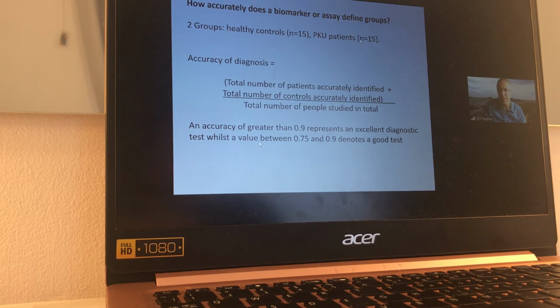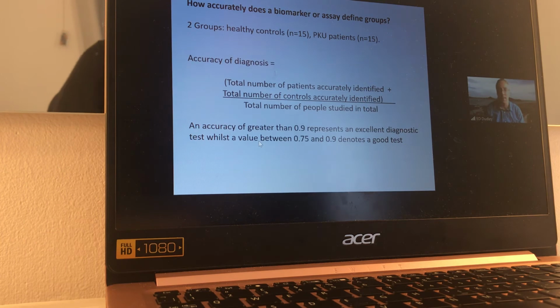You'd expect PKU patients to have elevated levels of phenylalanine compared to the healthy controls. So we're going to set a threshold where anyone with a phenylalanine value above a certain point we think is a patient, and anyone below that point we think is a healthy individual.